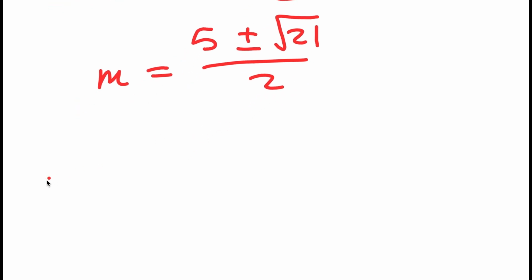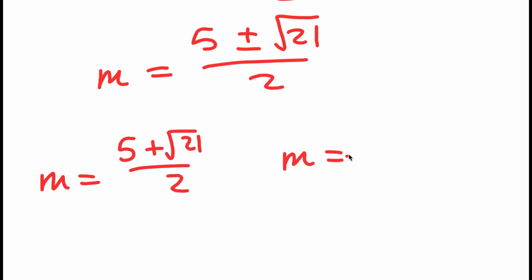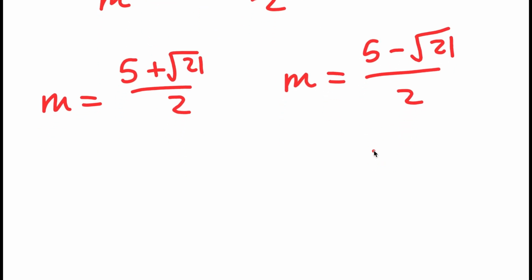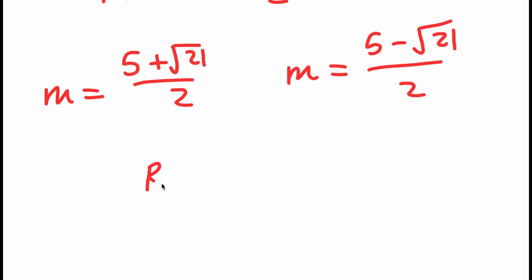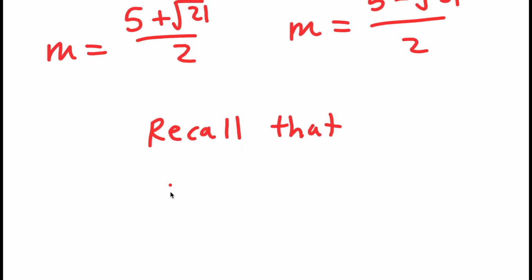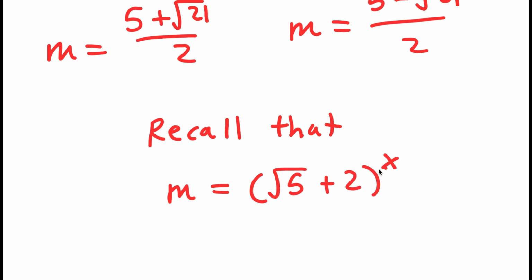So I have two values of m now. I have m is equal to 5 plus the square root of 21 over 2, and m is equal to 5 minus the square root of 21 over 2. Now recall that m is equal to the square root of 5 plus 2 to the power of x.